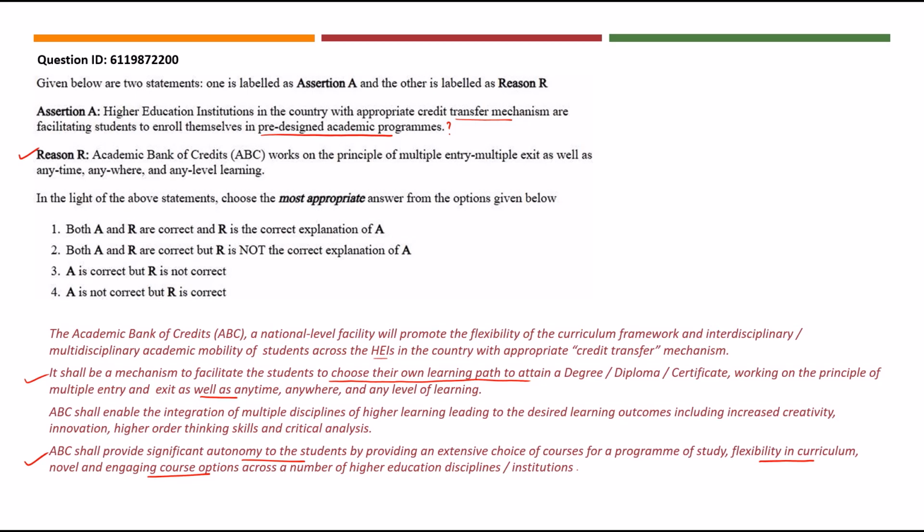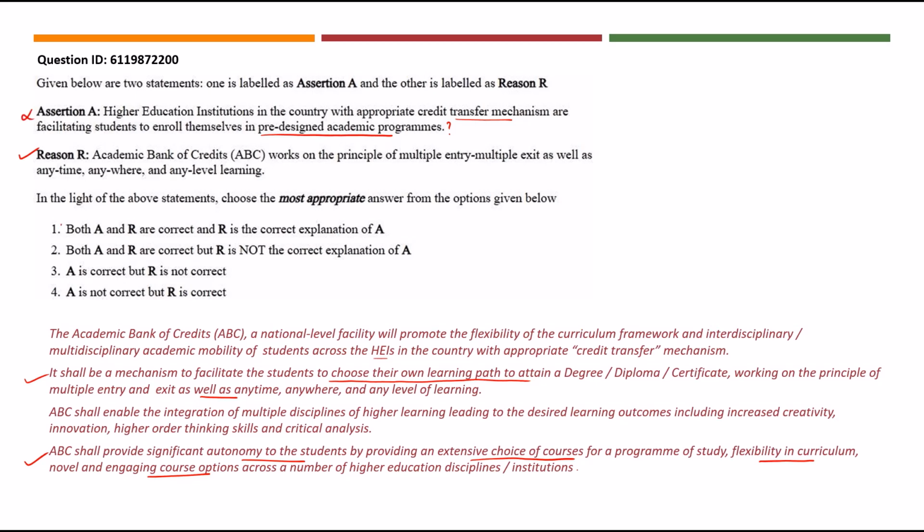Here they say they have given autonomy to the students using extensive choice of courses, flexibility in curriculum. But when you go for pre-designed academic programs, whichever courses or papers the faculty decide or the institution decide, that only the students have to learn. You must complete those courses, only then your degree will be given. So the restriction on pre-designed academic programs will make this particular assertion to be wrong.